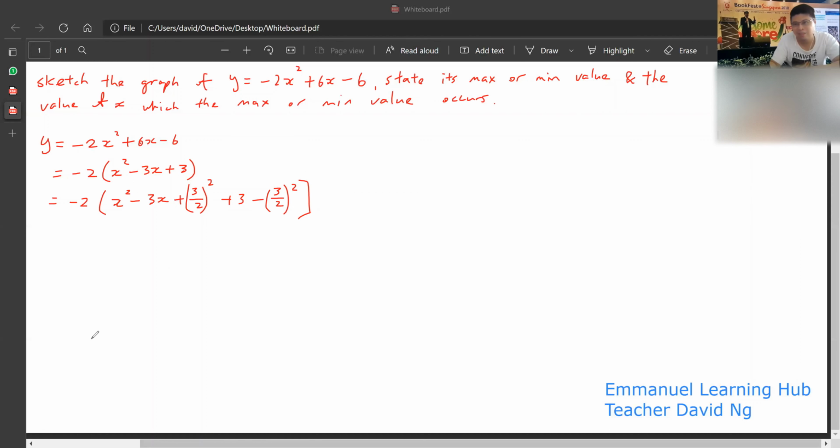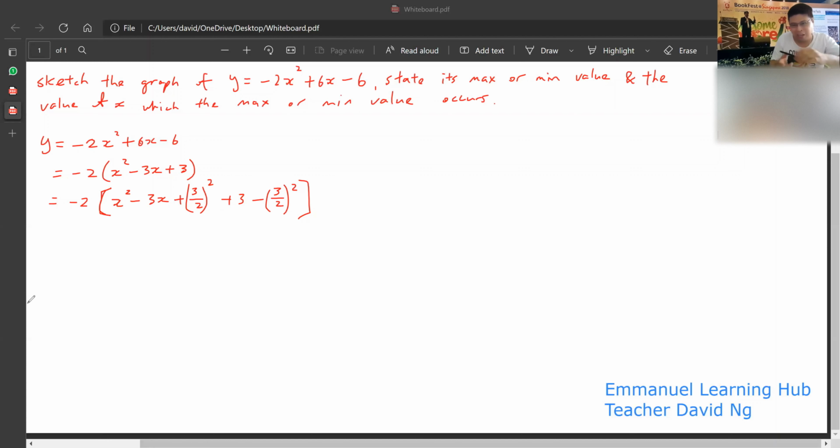Trust me, based on experience in doing A Maths. I'm sharing my close to 30 years of experience in doing A Maths. These are things that teachers may not share in class.